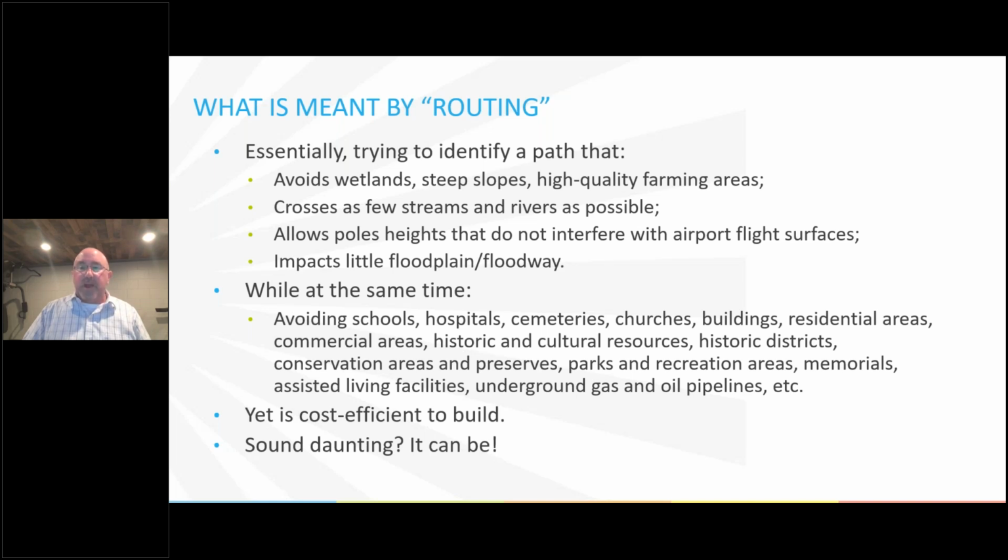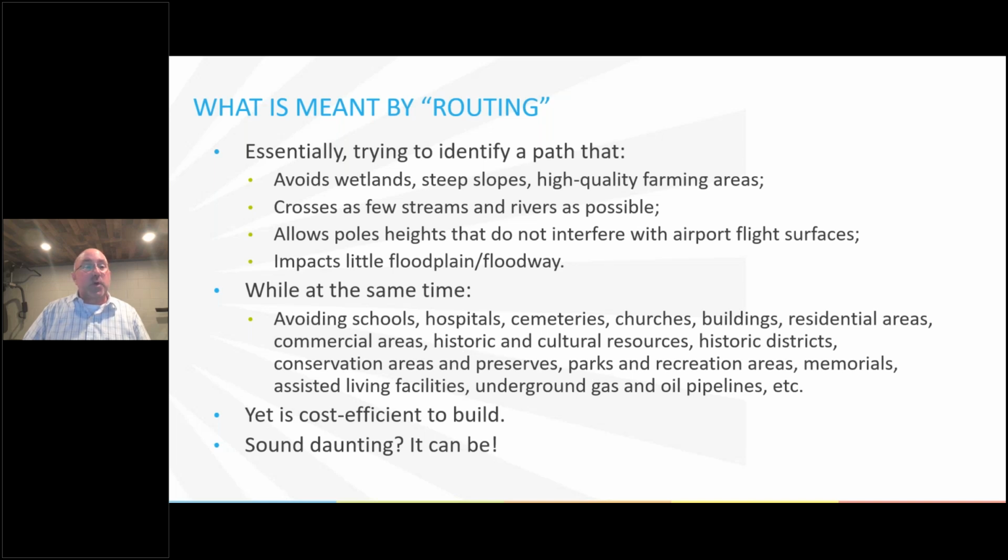So what is meant by routing? It is the process of identifying the optimal path from point A to point B while balancing impacts on the human and natural environments and taking into consideration costs to purchase right-of-way and design and construction of the line.